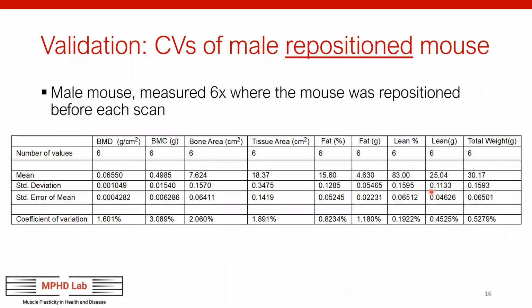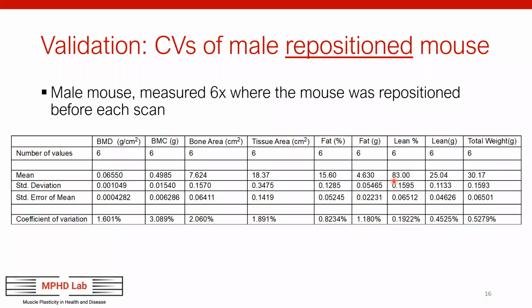So we're really happy with the performance of this system so far. The next thing we wanted to test was how robust the system would be if we had repositioned the mouse. So again, we repeatedly measured the same mouse. In this case, it's a male mouse. But before each scan, what Sebastian had done was actually picked up the mouse and repositioned the mouse onto the image area, and then clicked measure before each run.